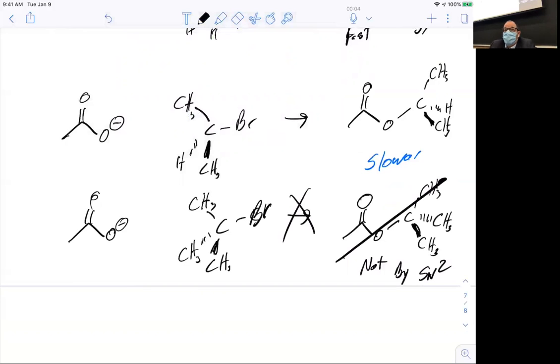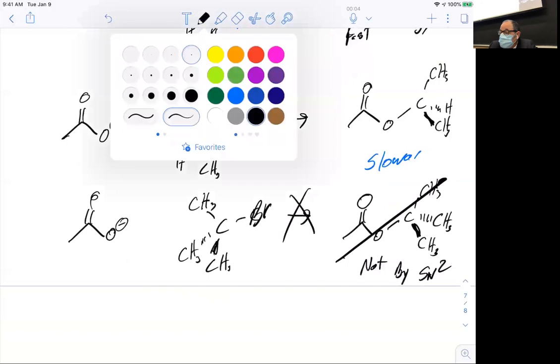And that's because now we've blocked out that backside, right? So it's sterically hindered.